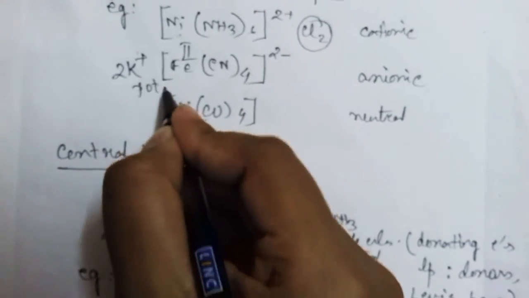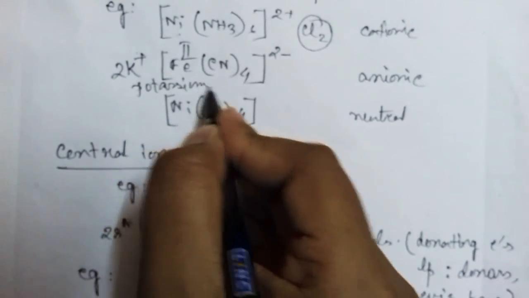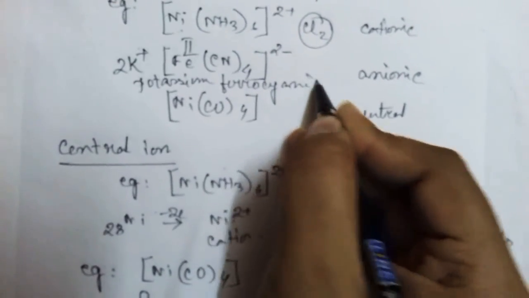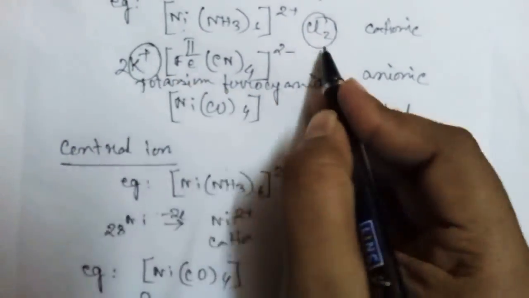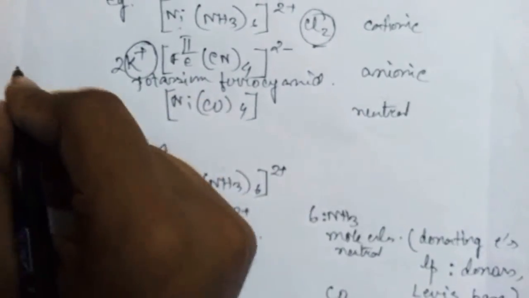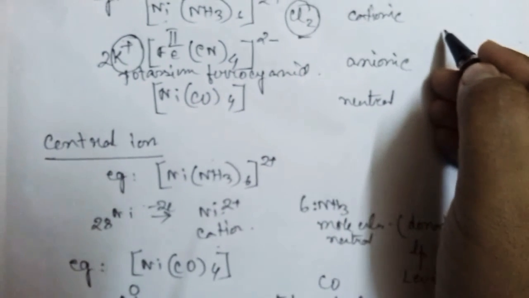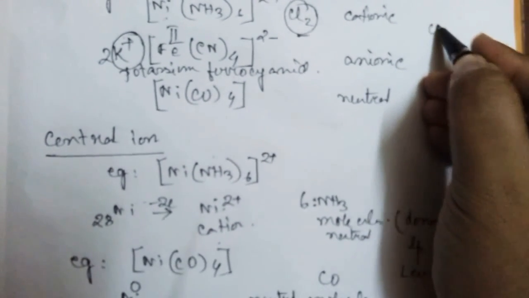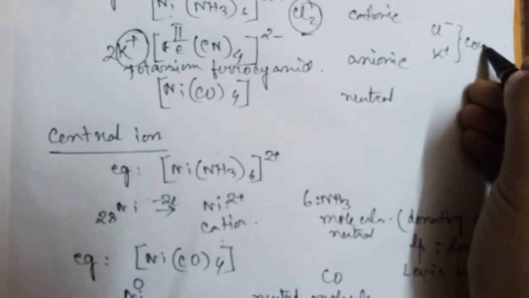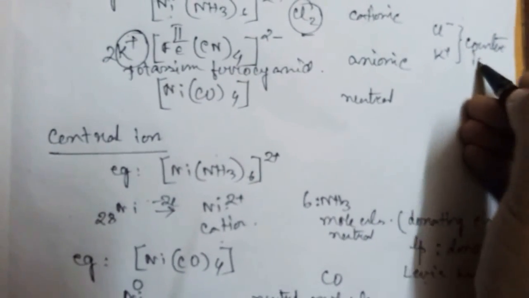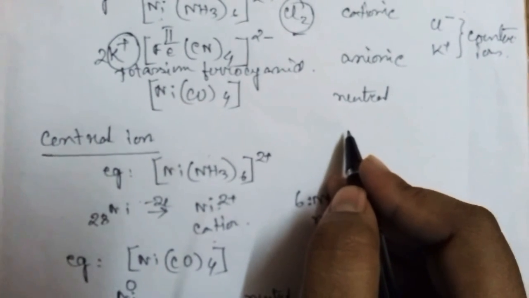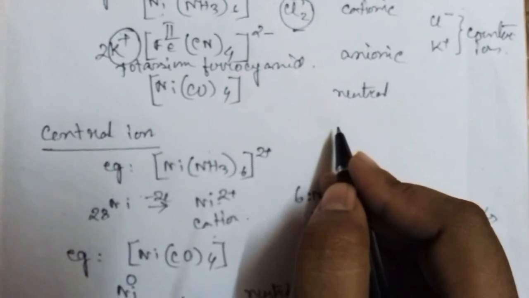So this K plus and chloride here, these are actually called counter ions. Chloride or here K plus, this is called counter ions.